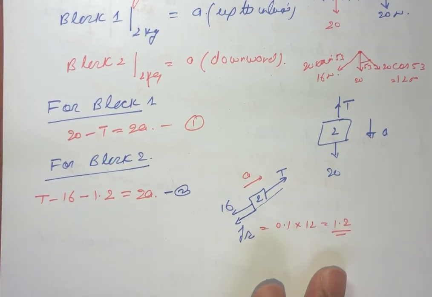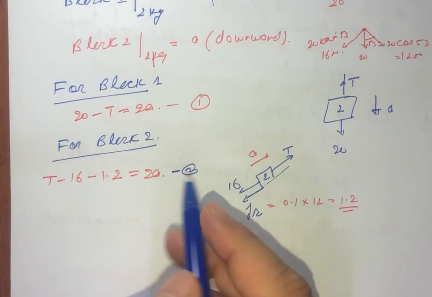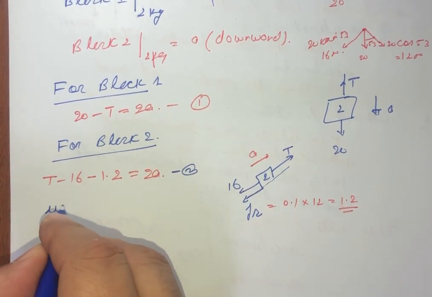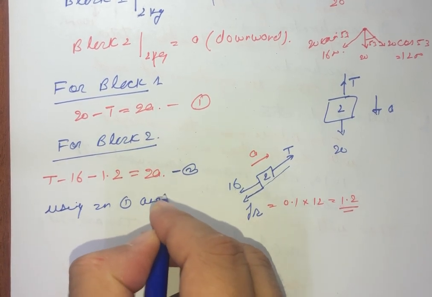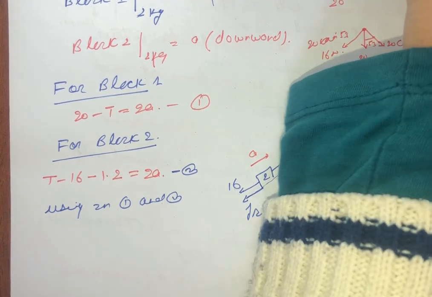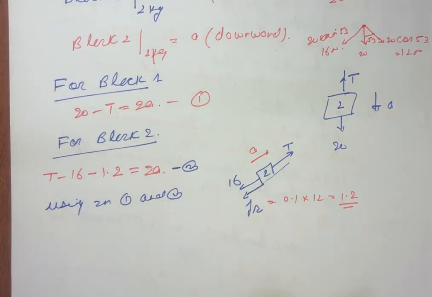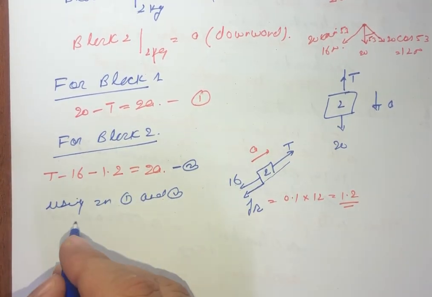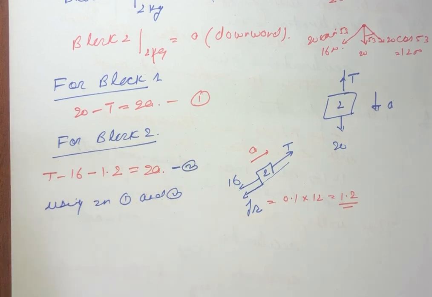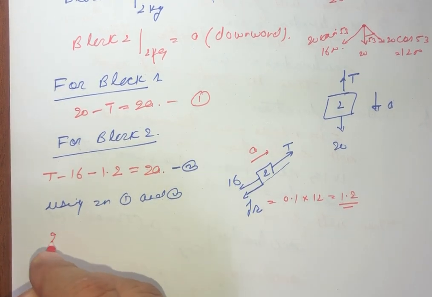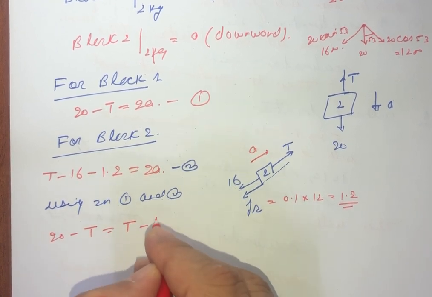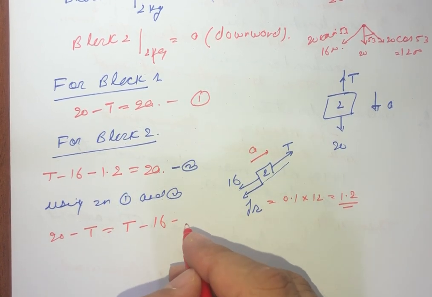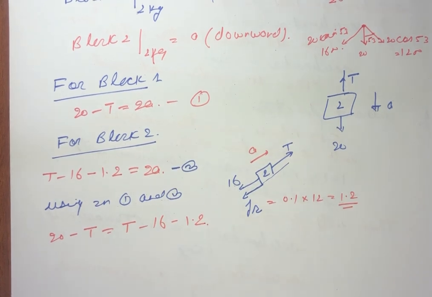So using equations 1 and 2, we can say 20 minus T will be equal to T minus 16 minus 1.2.